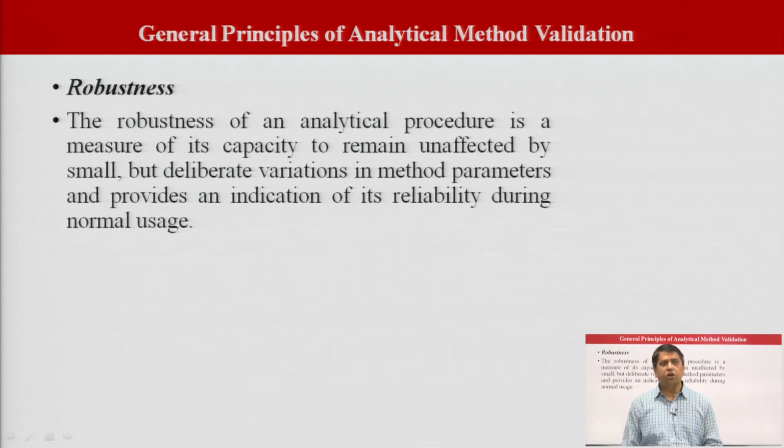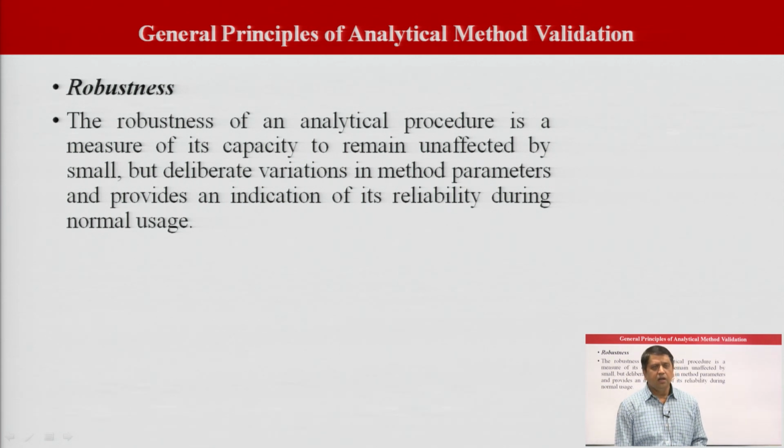Then the next thing is the robustness. The robustness of the analytical procedure is the measurement of its capacity to remain unaffected by small but deliberate variations in the method parameters and provides an indication of its reliability during normal usage.